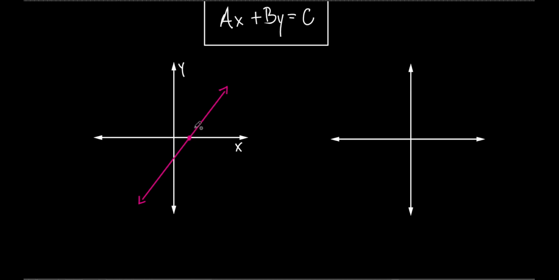Everybody see it? It goes through the X axis at this particular point. I call this the X intercept. It's where it crosses the X axis. Everybody got that? So that would be this point right here.